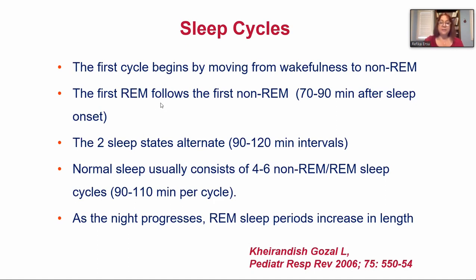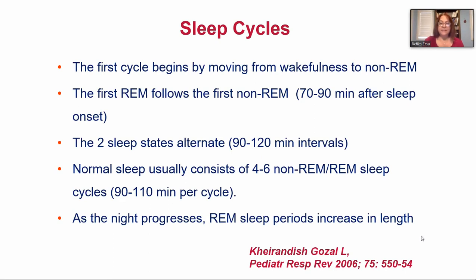The first REM sleep follows the first non-REM sleep, usually around 70 to 90 minutes after sleep onset. Those two sleep states, non-REM and REM, alternate in 90 to 120 minute intervals. Normal sleep usually consists of 4 to 6 non-REM REM sleep cycles, and as the night progresses, REM sleep periods increase in length.